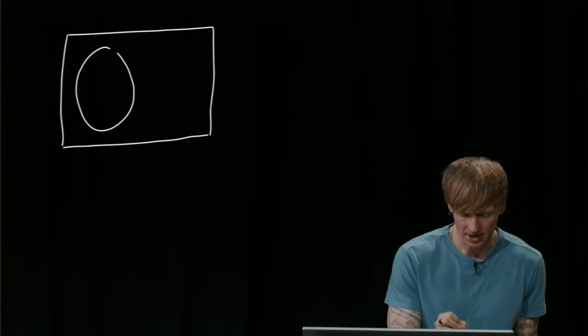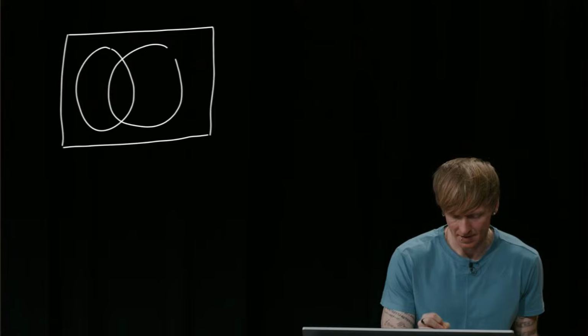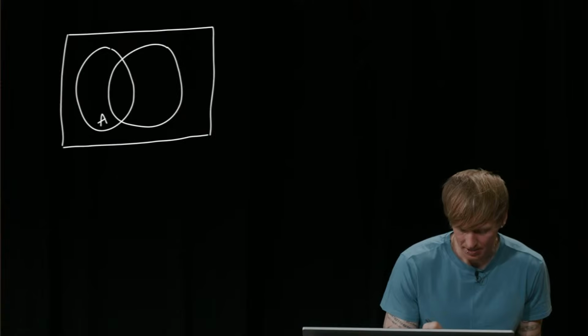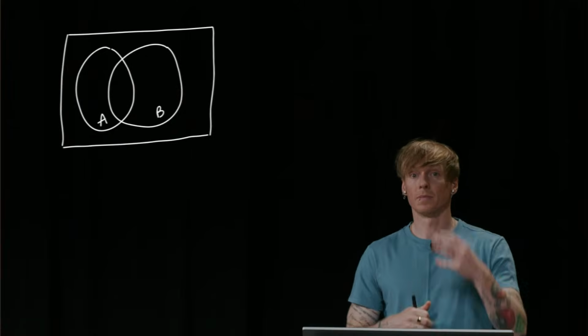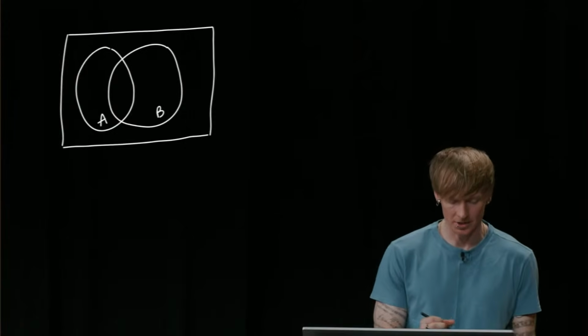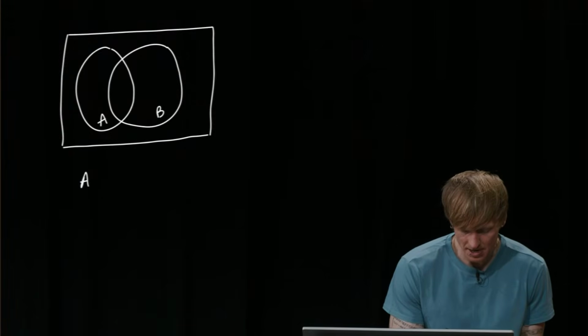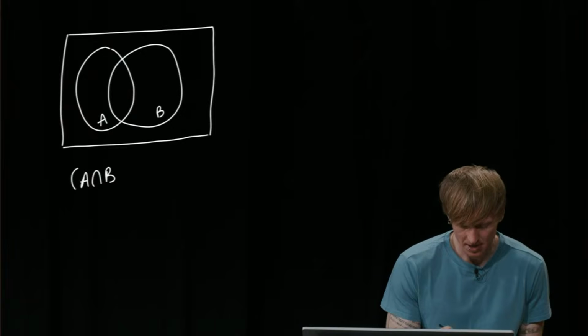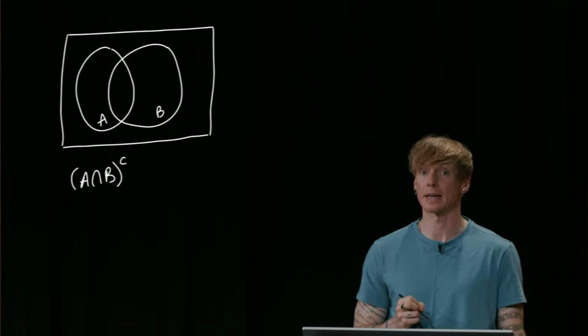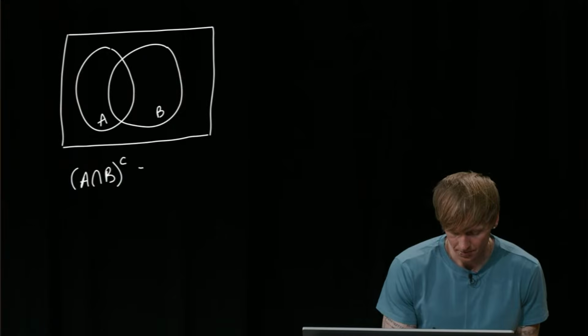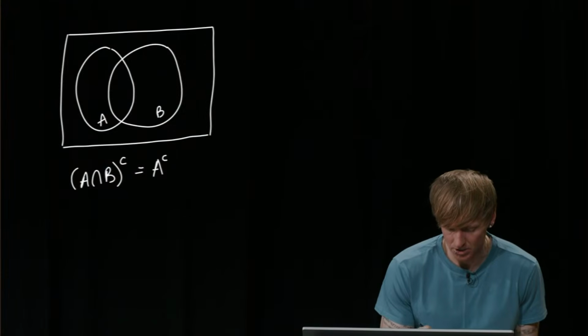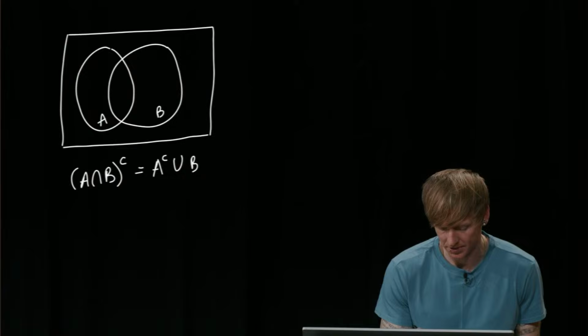And then if we draw the two sets A and B, so we have A, and then we have the set B. I will just label these. Now, the first of De Morgan's laws tells us that A intersect B, taking the complement of that, is equal to A complement union B complement.